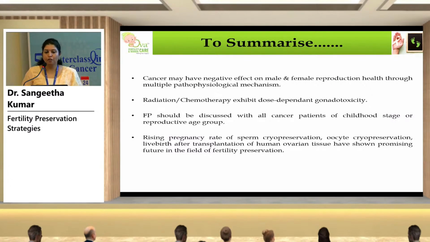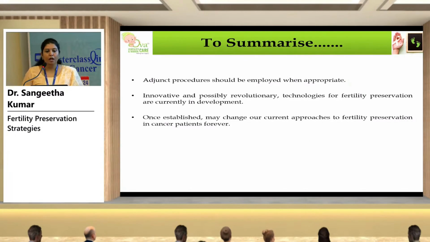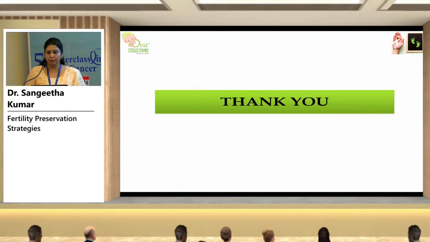Rising pregnancy rates of sperm cryopreservation and oocyte cryopreservation, and live birth after transplantation of human ovarian tissue, have shown a promising future in the field of fertility preservation. Adjuvant procedures should be employed when appropriate. Innovative and possibly revolutionary technologies for fertility preservation are currently in development. Once established, they may change our current approaches to fertility preservation in cancer patients forever. Thank you.